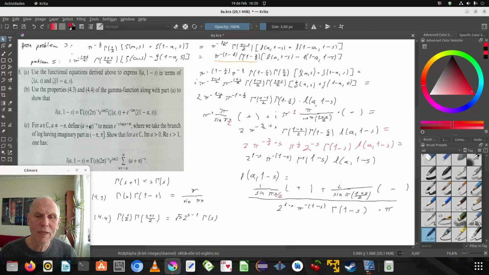I got the gamma s here, so if we, what is it called, extend the fraction with gamma s, then down here we get 1 divided by pi s. Oh, now that's actually interesting.